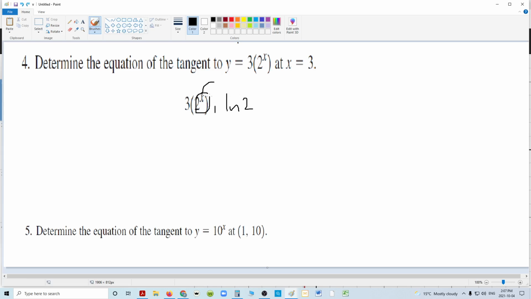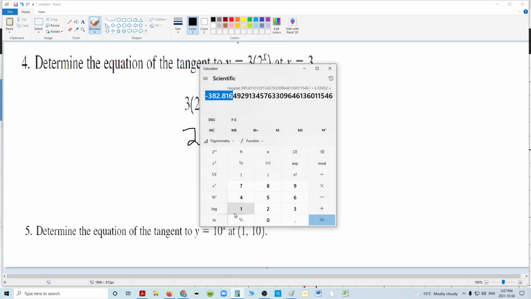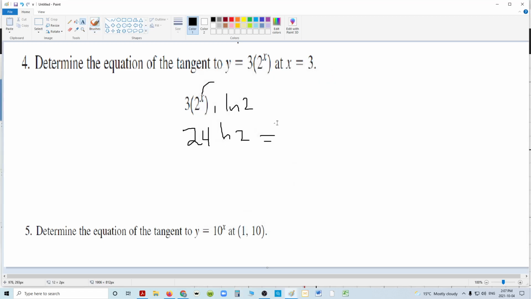And we need to find that when x is 3. So when it's 2 to the x, which is 8, times 3, it's 24 ln 2. And we're going to find that out. 24 times ln 2. And we get this. So that is the slope when x is 3.